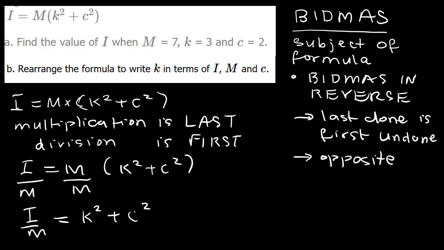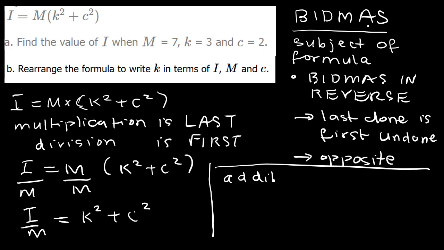So if we come to BIDMAS, we look at what's on the right hand side: indices and addition. So that means addition was the last thing done. So the opposite of that is subtraction, and this step is going to be the first.